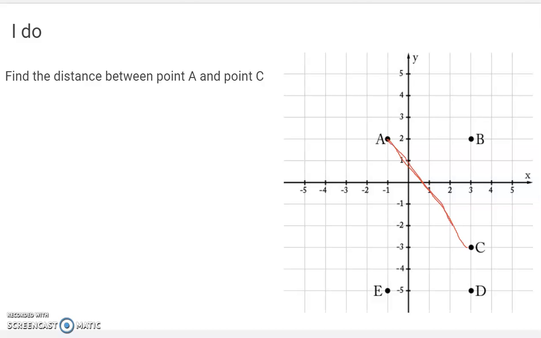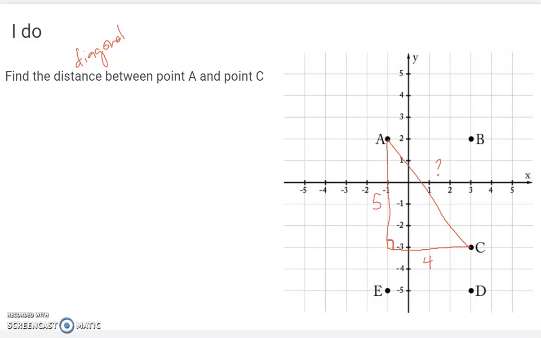The distance from there to there is impossible to measure because it doesn't follow the grid. But I could measure this, which I know, could measure this, which I know, and use that to find that, and I've just got that same triangle that we just figured out. So I can use the Pythagorean theorem not only on triangles, but I can also use it to find diagonal distances. So especially diagonals, that's where this really comes in handy.